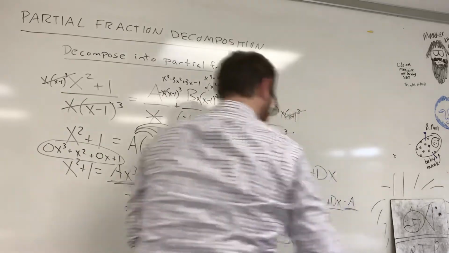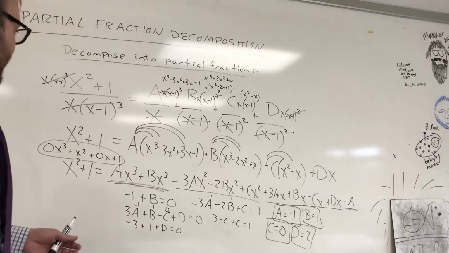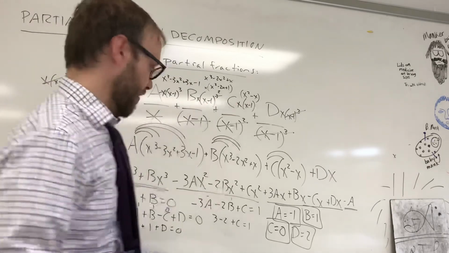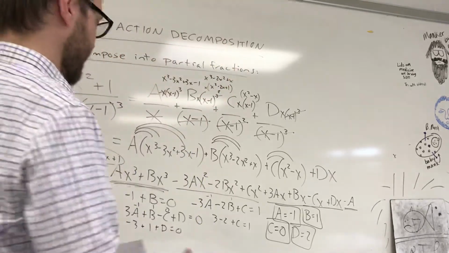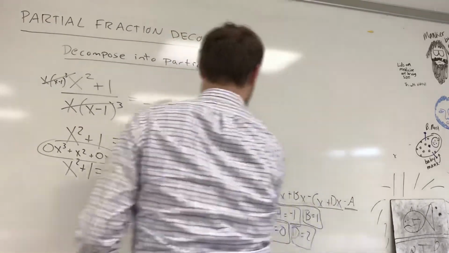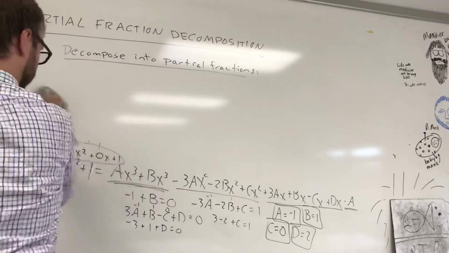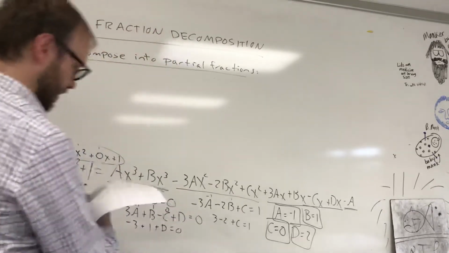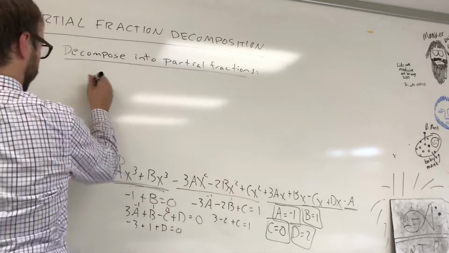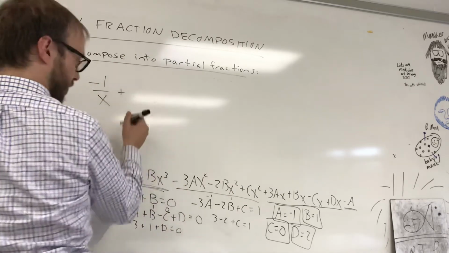Okay? And we should be able to fit everything back into the original equation. Again, it's kind of a mess here. You can see the original one up there. Let's piece all this together. So the original version of this was a over x. So that would be negative 1 over x. Plus b over x minus 1.